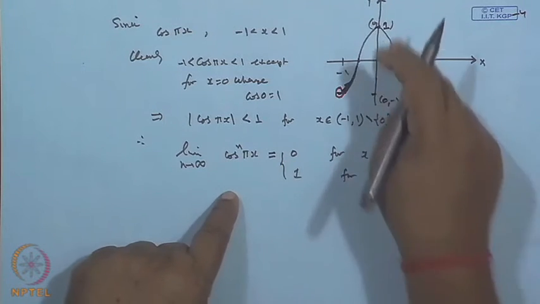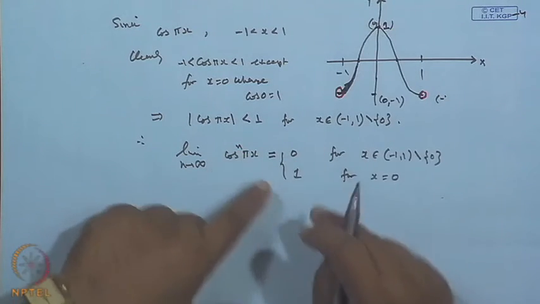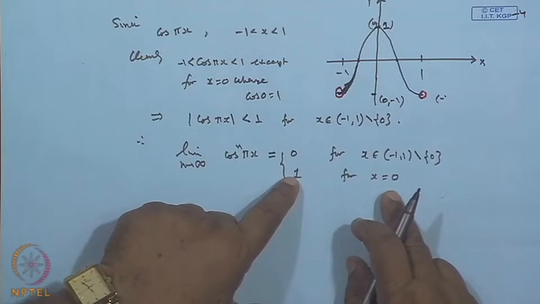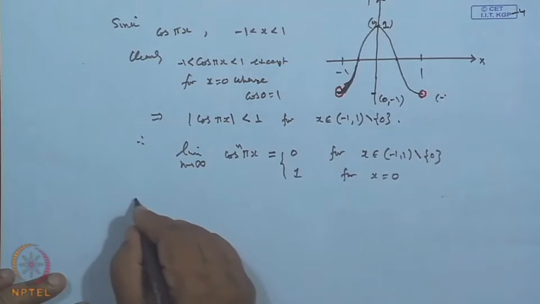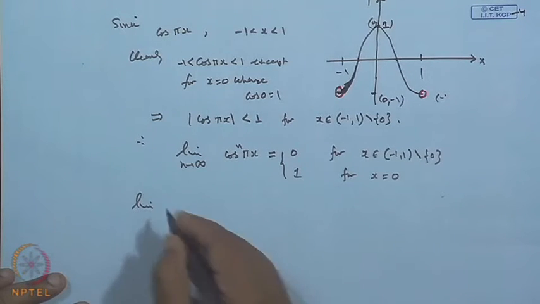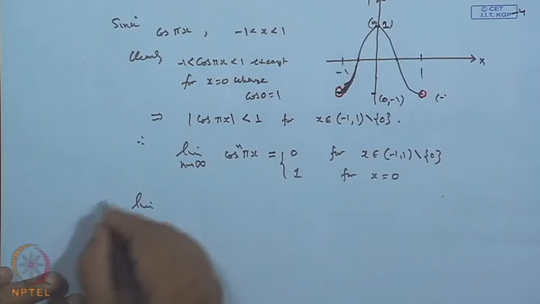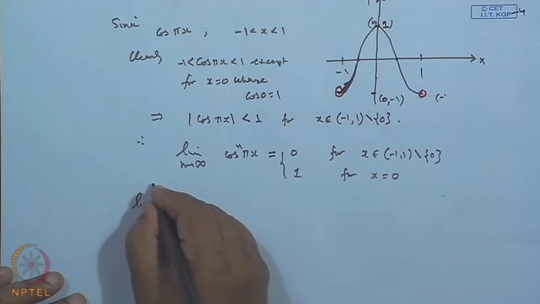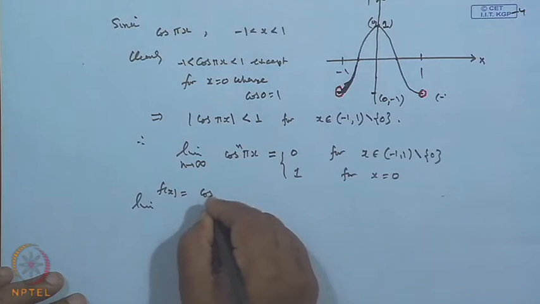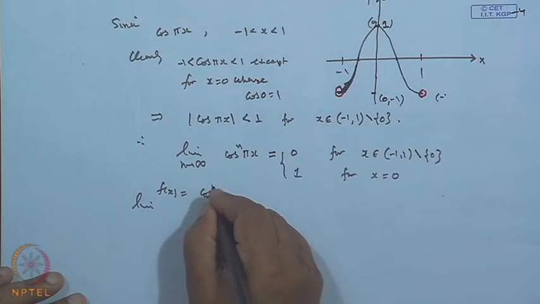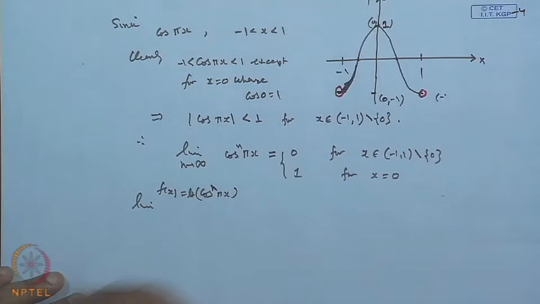The function is a very smooth function, continuous except at the point 0. What happens is, when you take the left hand limit of this function f(x), which is the limit of cos^n(πx), the limit of this is f(x).